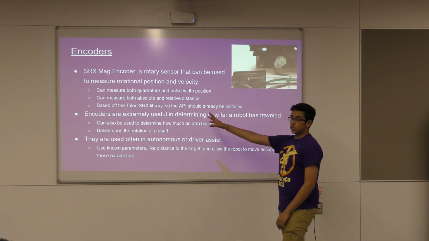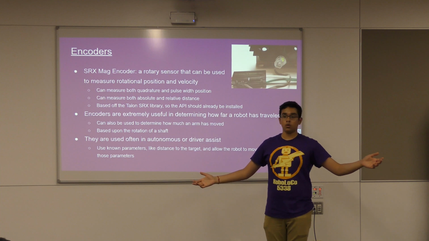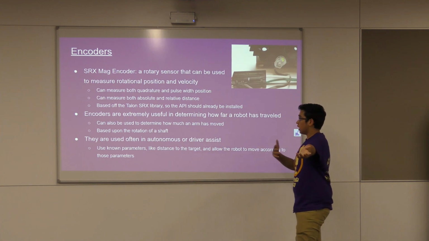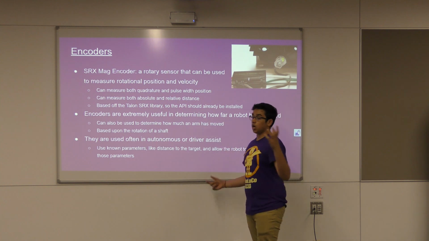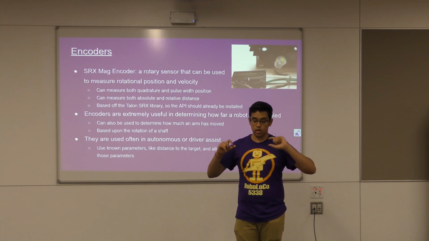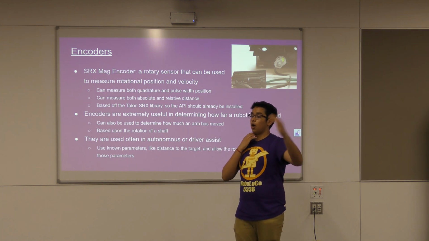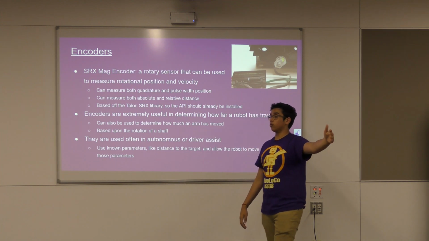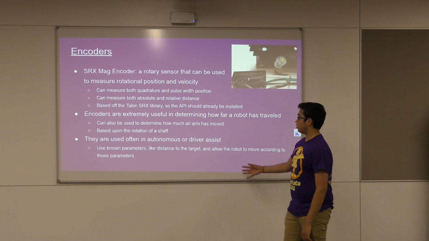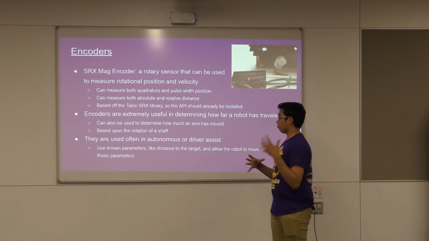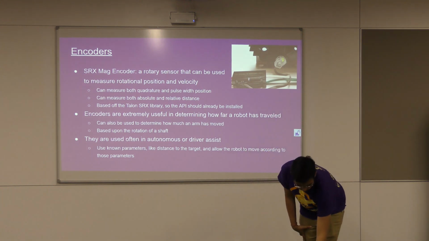The good thing about these is they use the Talon library, which most of you already have, so you don't have to download anything else. They're also used in autonomous because they allow us to say, if I want to get from here to there, how far have I been and how much farther do I have to go? They use known parameters like distance and allow the robot to move like we want it to.